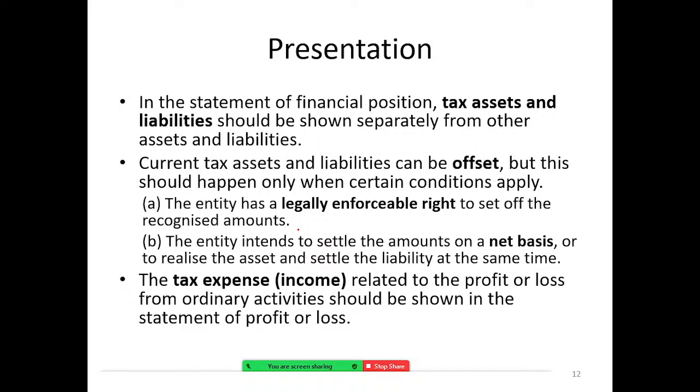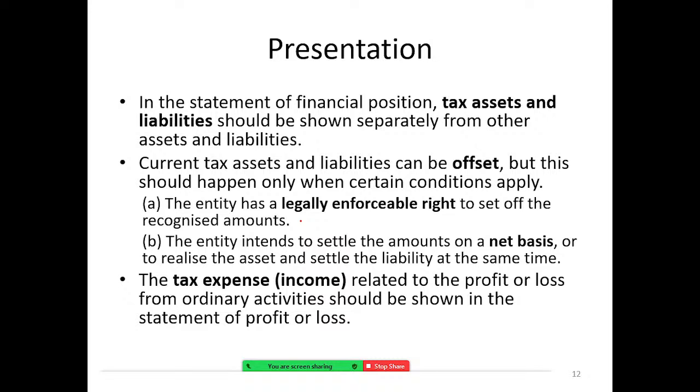Current tax assets and liabilities can be offset, but only when certain conditions apply. First condition, the entity has a legally enforceable right to set off the recognized amount. Second, the entity intends to settle the amount on a net basis, or realize the asset and settle the liability at the same time.